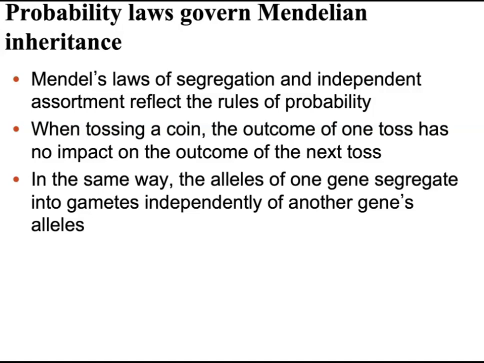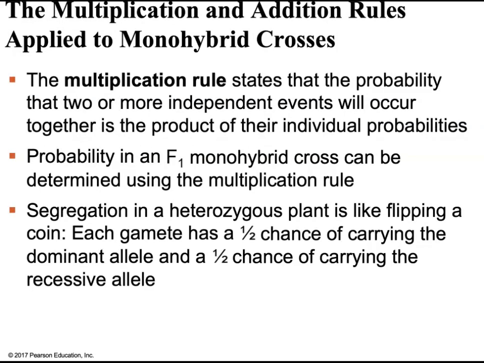When tossing a coin, the outcome of one toss has no impact on the outcome of your next toss. In the same way, the alleles of one gene segregate into gametes independently of another gene's alleles. There are 2 rules of probability that we use to calculate likelihood of inheritance: the multiplication rule and the addition rule.